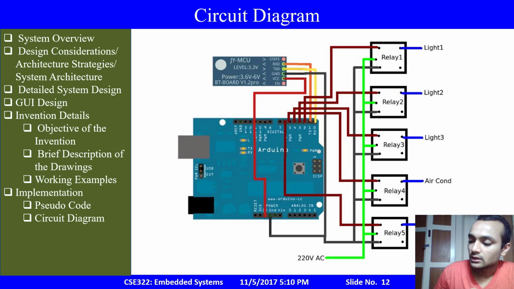That will burn your Arduino and it just won't work. So that's why we connected a relay, to make it safe and operational, and it connects to the rest of the appliances. As you can see, there's the HC05 chip on the top of your screen, the Arduino below it, and all the relays and the appliances that we could connect on the side, and the 220 volt alternating current because of Indian regulations, right?